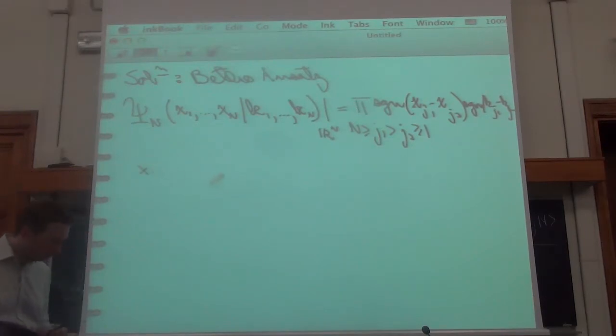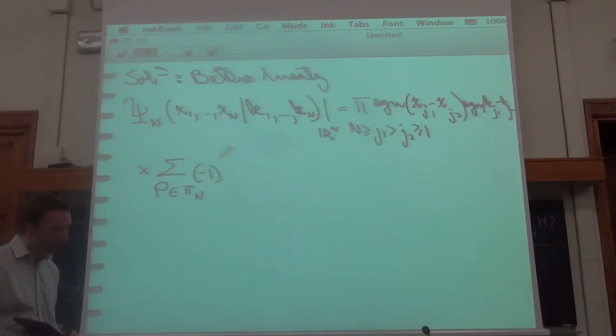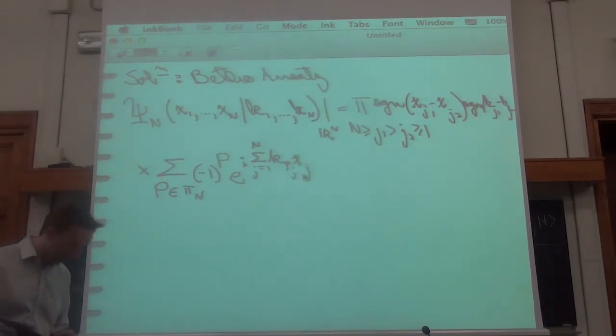Times the summation over permutations, now in the n-fold permutation group, of (−1) to the signature of the permutation times e to the i summation j equals 1 up to n of k_{pj} x_j. Okay, so these are our free waves.